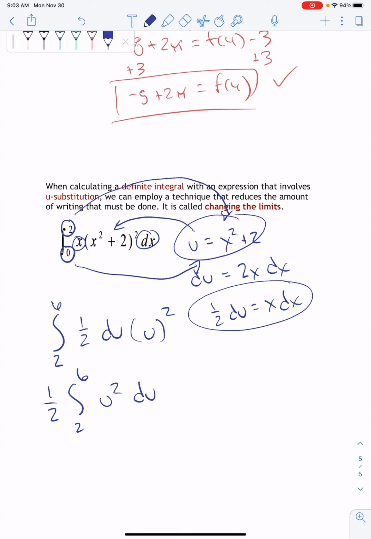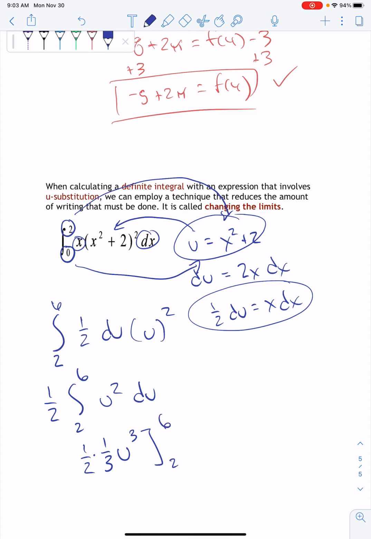Now I do what I've always done, right? I'm going to make this u to the third, which means I have to put a 1/3 out in front, and I already have a 1/2 out in front. But this time I need to go from 2 to 6.